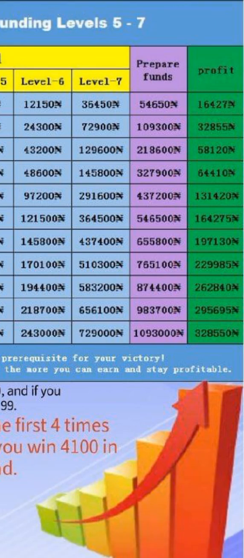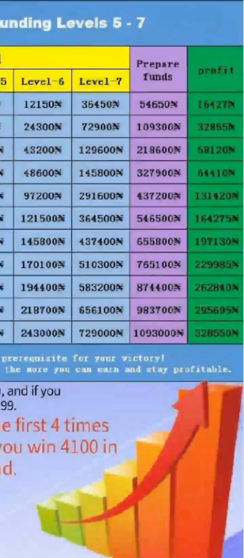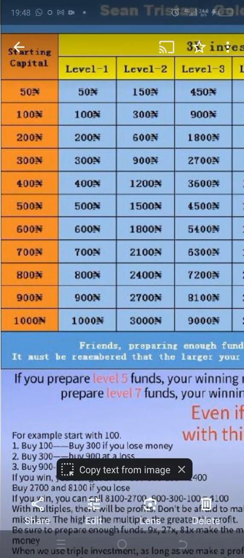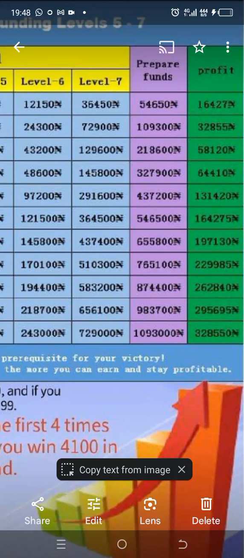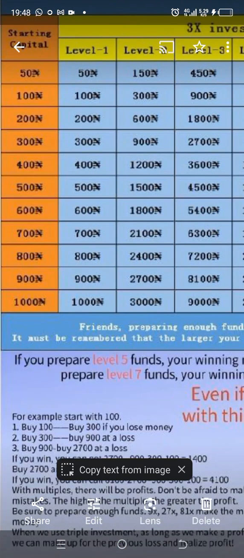So having a good look at the chart, you pick the chart that is best for you and the one that can just work for you. Just make up your choice. If it is 100 naira, 200, 300, 400, 500, 600, 700, 800, or 1,000, just make sure that you plan very well, so that if the demon possesses them for the second time, you will be able to cast that demon out of them by making a very good profit.